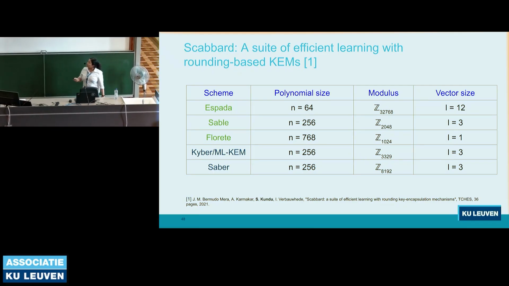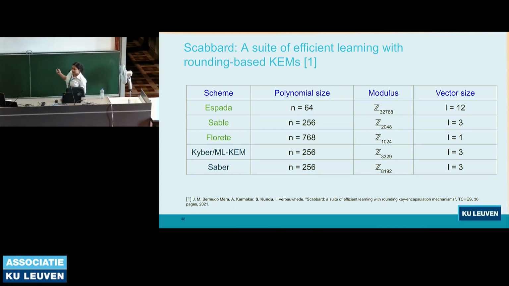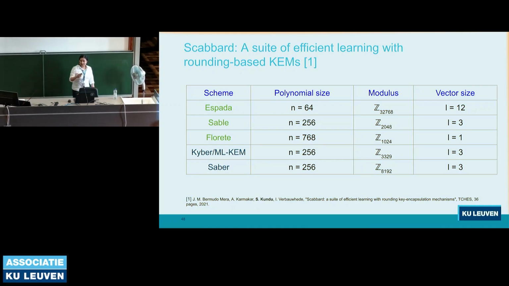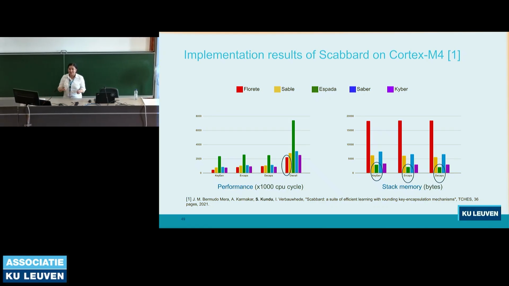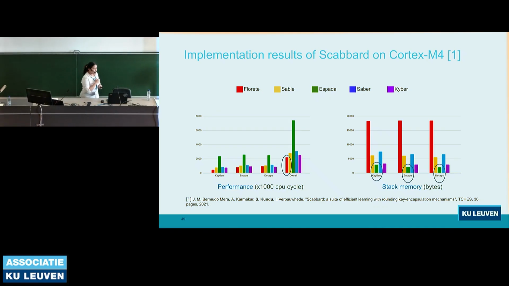We actually created 3 schemes, and there we use very different polynomial size, modulus and vector size. By using this, we actually got some improvement in performance. So this is a little advanced thing I wanted to show you: by tweaking those parameters, you can actually get a better scheme.